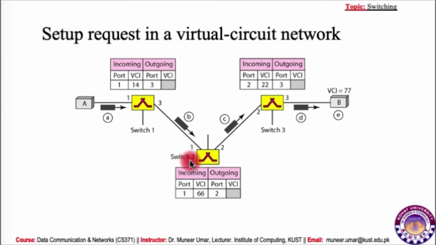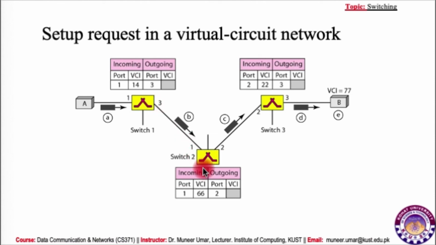Now switch 2 here receives the setup request. This is actually the setup request which is generated by A and passed through switch 1. Now it is at switch 2. The same event happens here at switch number 2 as happened on switch number 1.